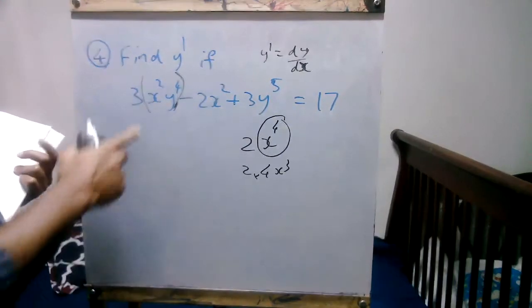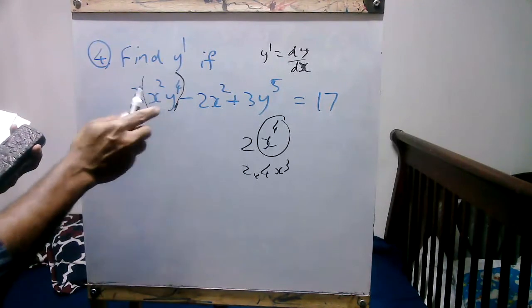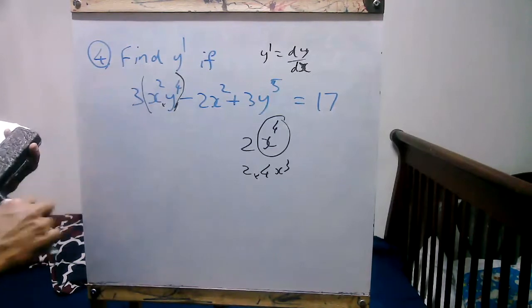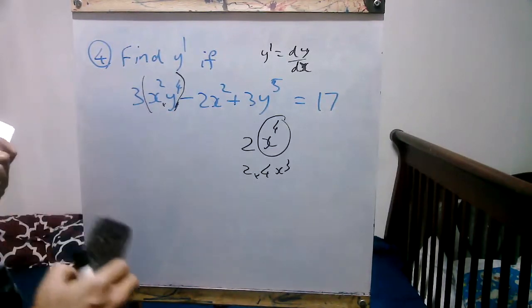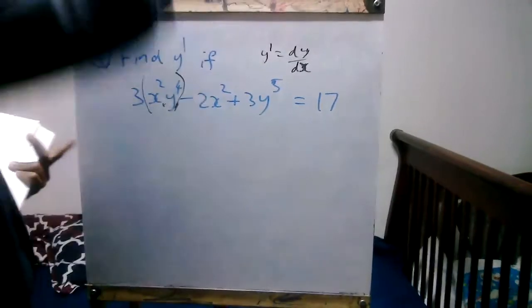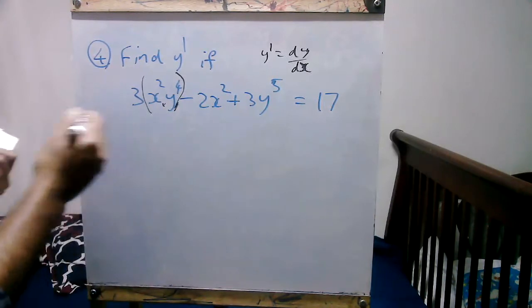Now if you look at this part, it is a product between two things, x squared and y to the power 4. Therefore we have to use the product rule there.